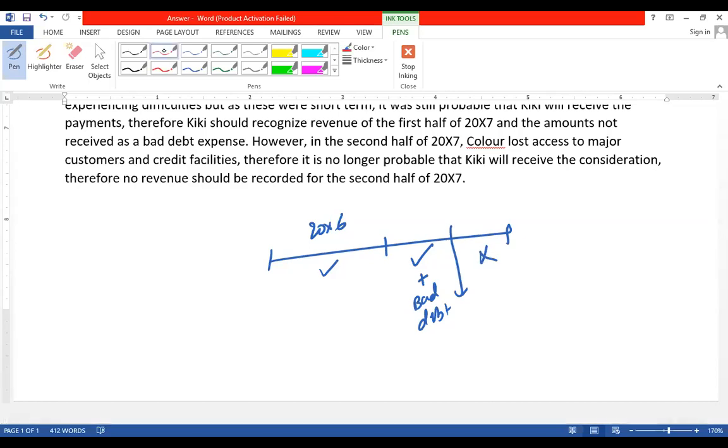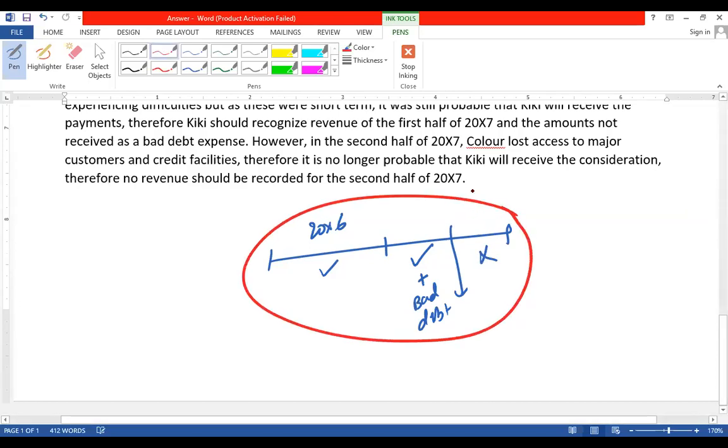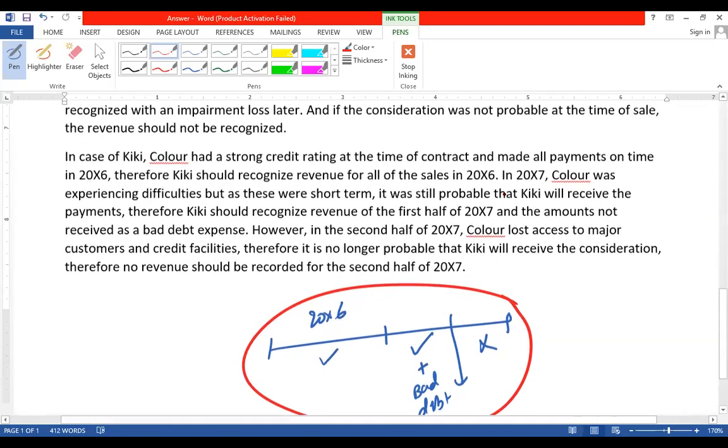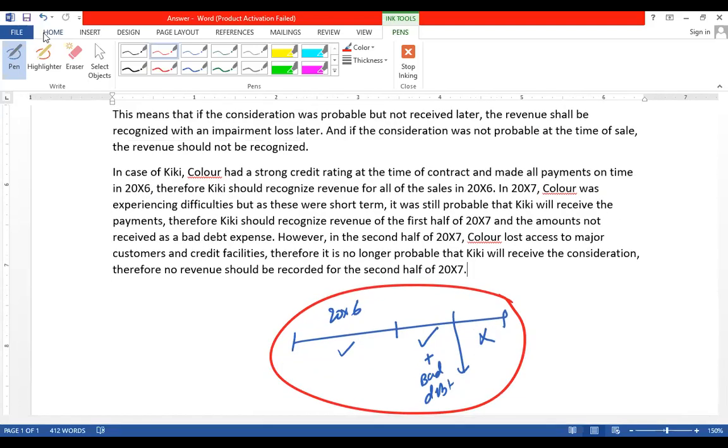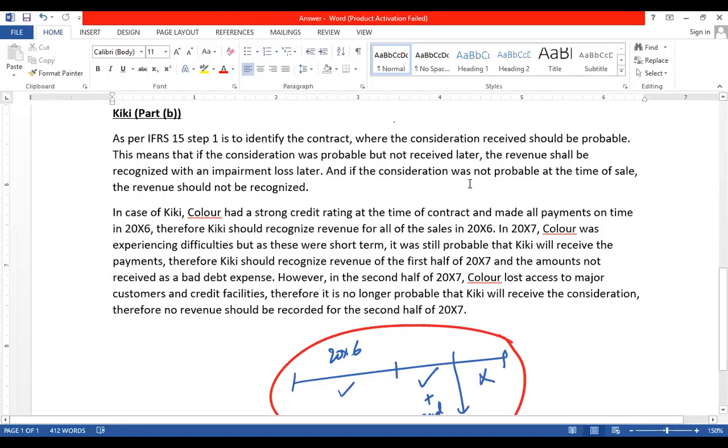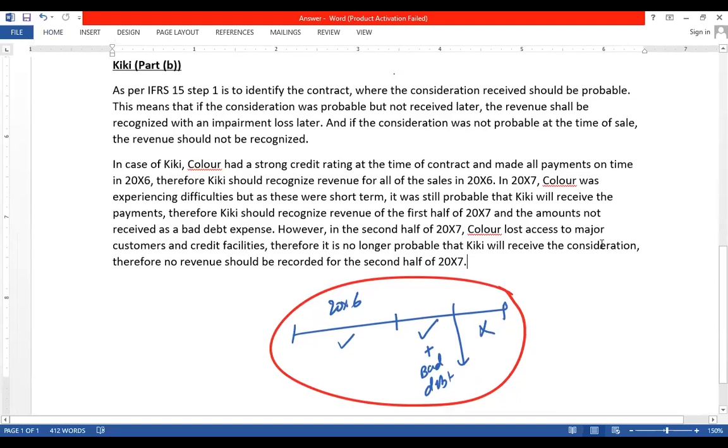So the question has actually asked all types of issues in a single question. When to recognize revenue, when to recognize revenue plus bad debt, and when not to recognize the revenue. Getting this, everyone? So you can take the snapshot of this.